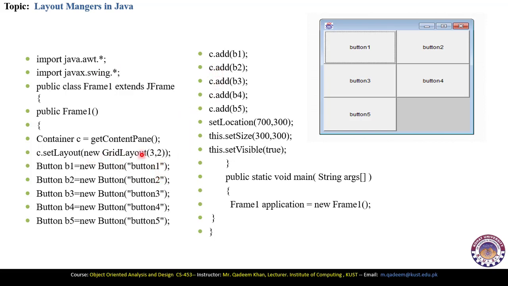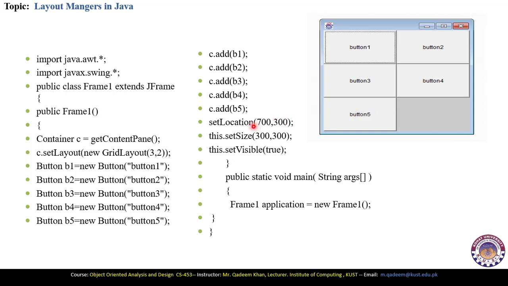As the layout of the container is grid layout, 3 rows and 2 columns, automatically the first button added goes to the first cell, the second button goes to the second cell, the third to the third cell, and so on. There are no 6 buttons, so the last cell will be empty.